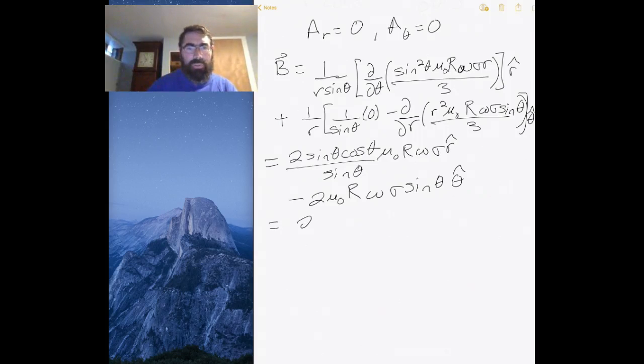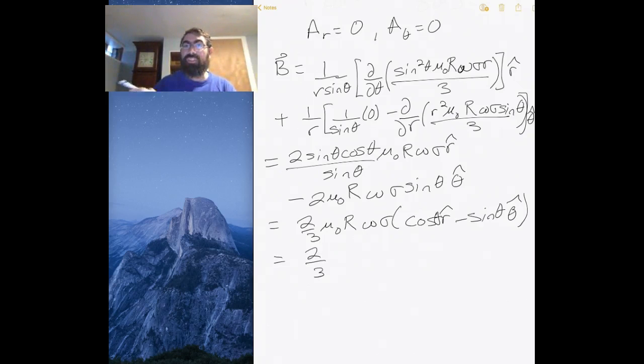or if I clean up some more, 2/3 mu 0 r omega sigma, cosine theta in the r direction minus sine theta in the theta direction, which if you do the transformation is only in the z direction.